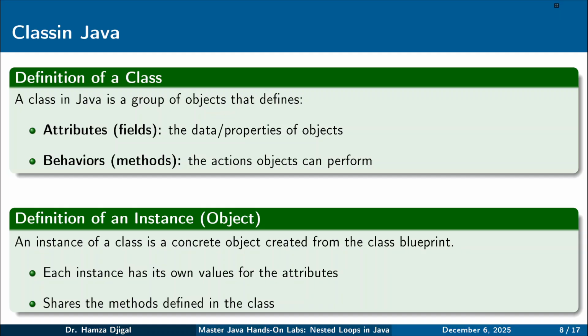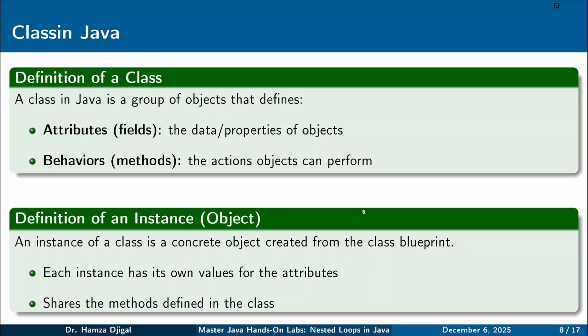Now, what is a class? In Java, a class is a group of objects. Let's say a group of students is a class, a group of dogs is a class. It has mainly the attributes, the fields, which we call data or instance variables later, and behaviors like methods, actions an object can perform. Since we know the definition of the class, we can also define the object in terms of the class.